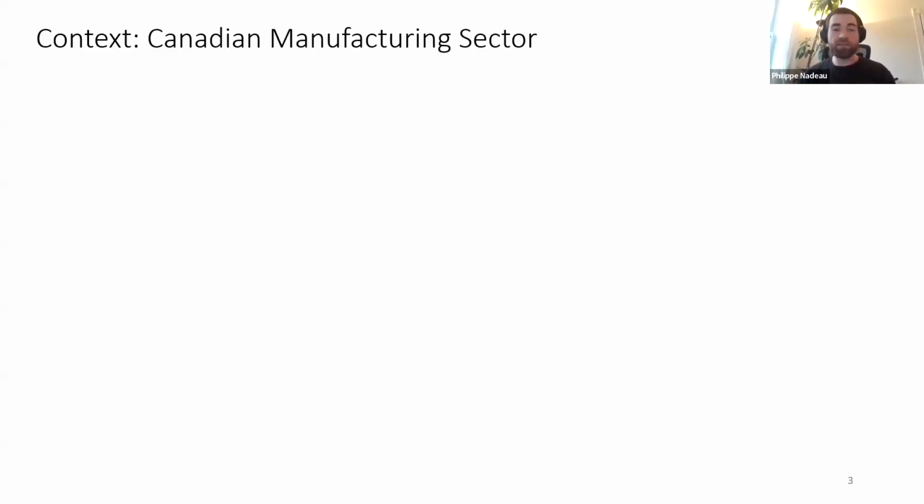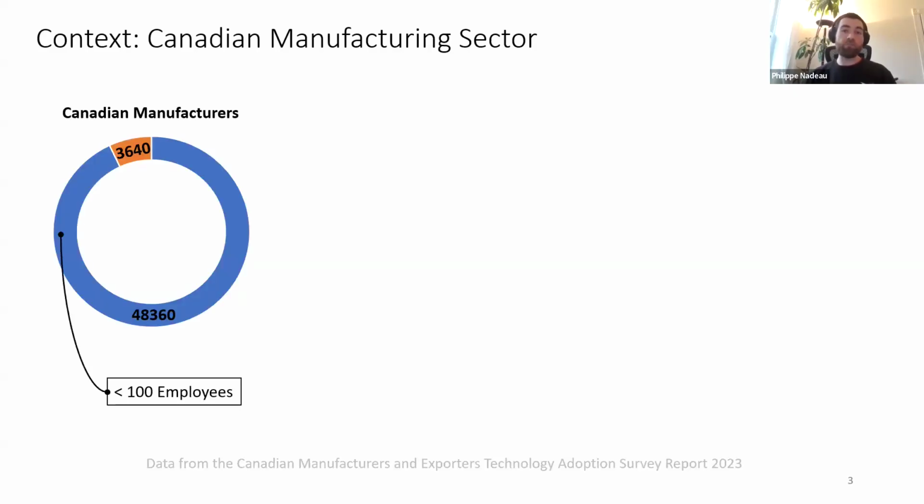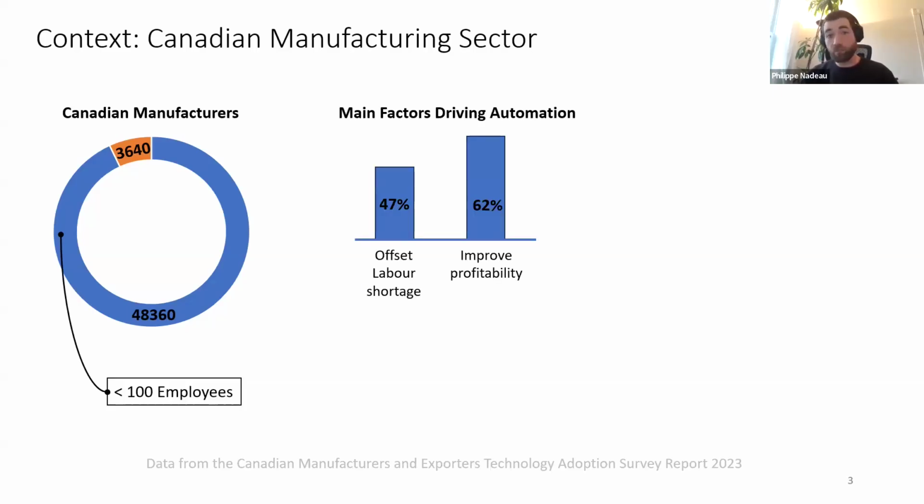So this thesis is developed in the context of the Canadian manufacturing sector that is largely composed of small and medium businesses. According to surveys, labor shortage is an important issue, and these enterprises would like to use robots to alleviate the problem.